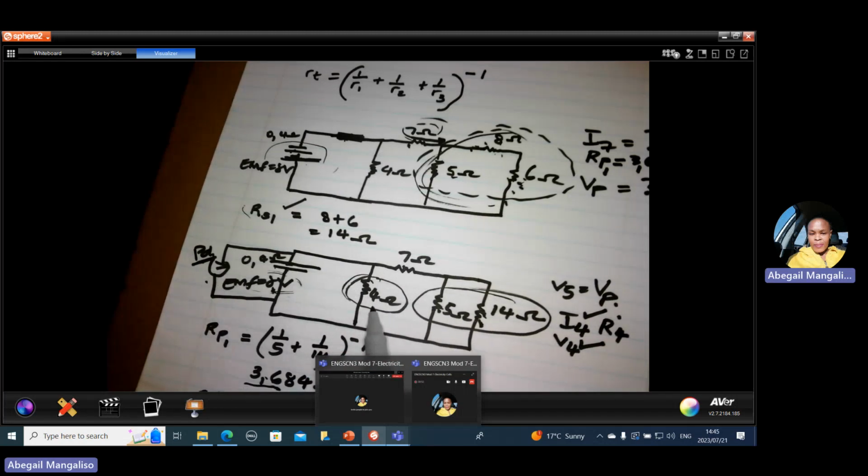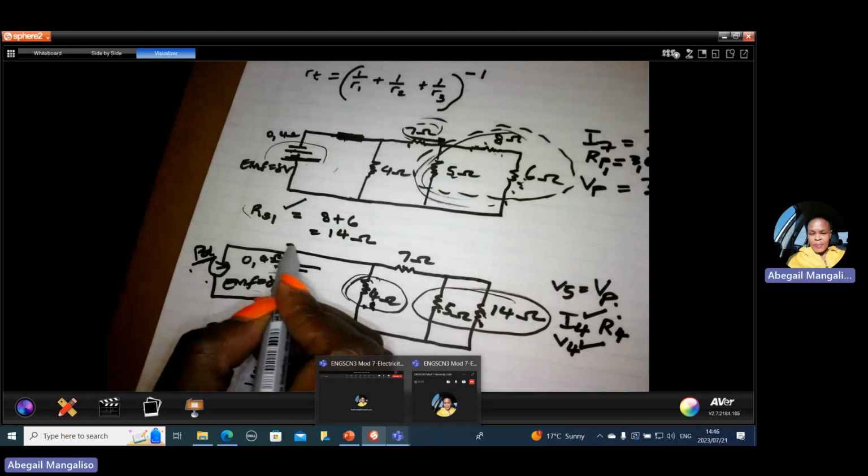So if we get the potential difference, it means we're going to get the voltage across the 4 ohm. Now, this voltage across the 4 ohm resistor, we can use together with this 4 ohm to get I4.